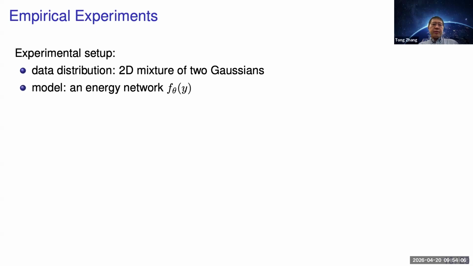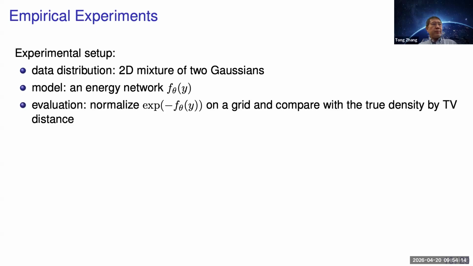Of course, in 2D you probably could try to integrate because it's not too large, but for the sake of what we are looking at, we say not. But when we evaluate, we could, because it's just 2D, right? We could actually compute this normalization constant. We can normalize on a small grid in 2D, and compare the so-called TV distance of these two distributions. Then we can see how well they do.